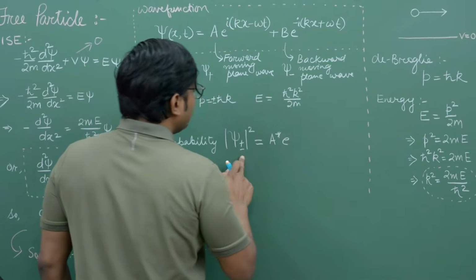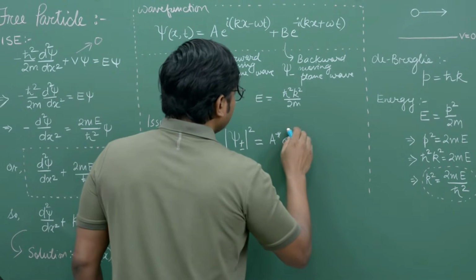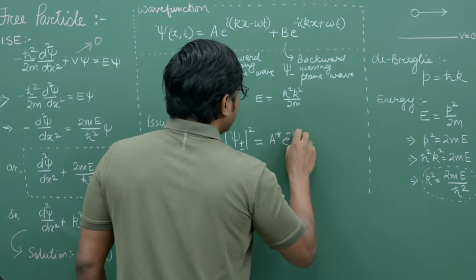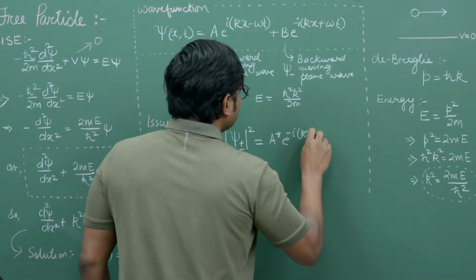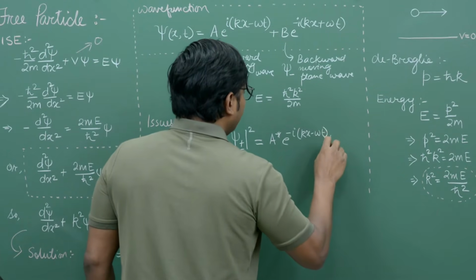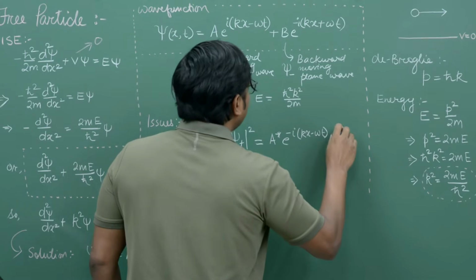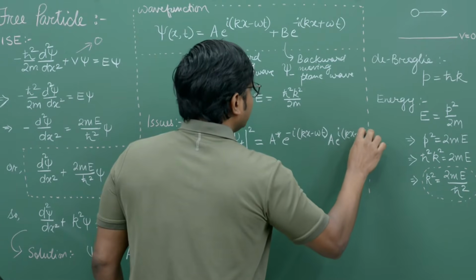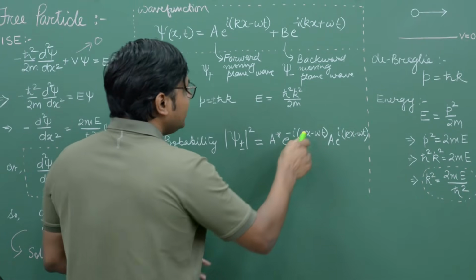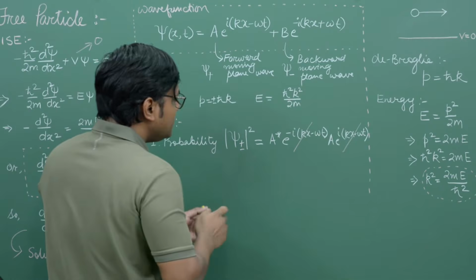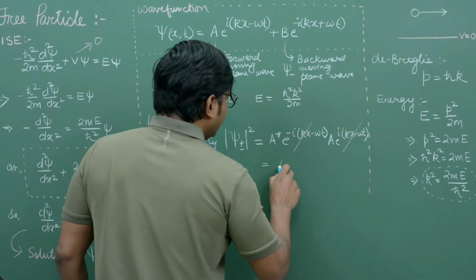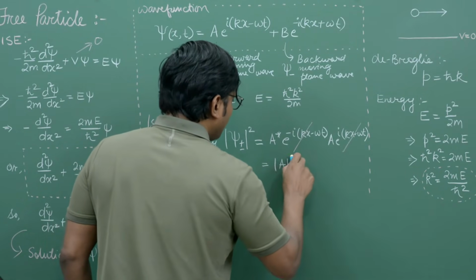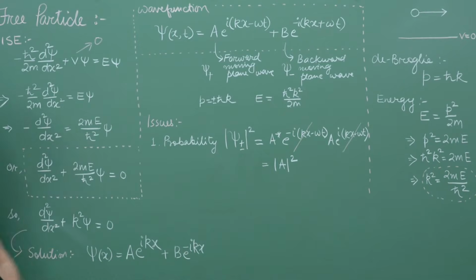Let's suppose I choose the forward moving wave, I end up getting A star e to the power minus iota (kx minus omega t), and then you have A e to the power iota (kx minus omega t), right? I take the complex conjugate, but clearly this and this get cancelled, so you are left with A star A, so A mod square.